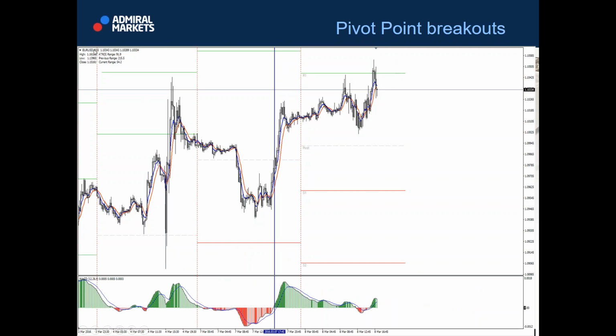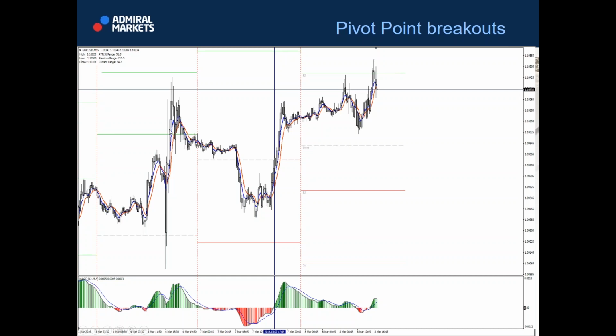But how do we actually place trades? If we know that euro dollar is bullish, which indeed it is for the last couple of days, first of all, we could trade the pivot point breakout. So EMAs have crossed here, MACD crossed upside, and at the time when price closed above the pivot point, MACD was crossed and EMAs were crossed, so that was a confirmation that this is indeed a strong breakout to the upside.